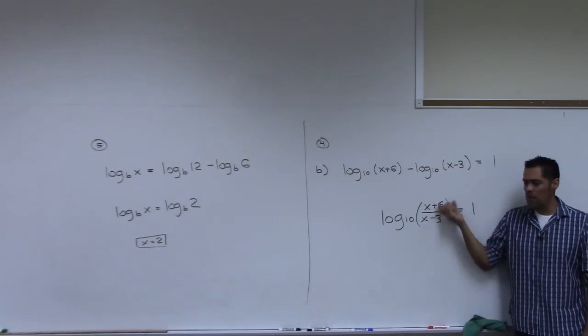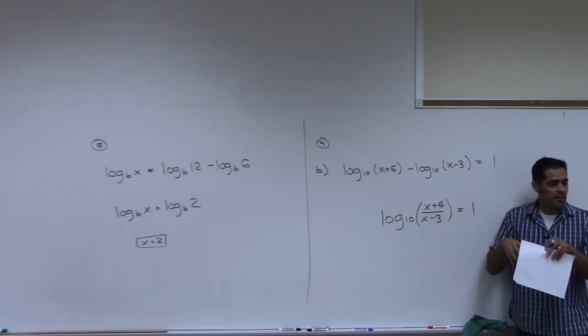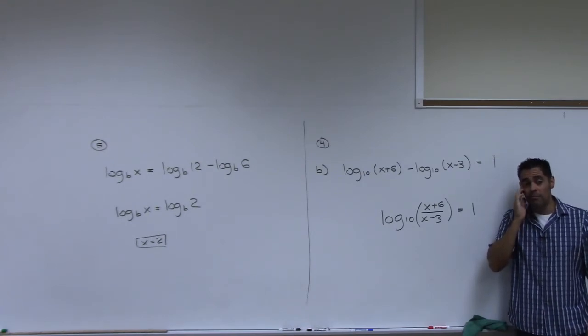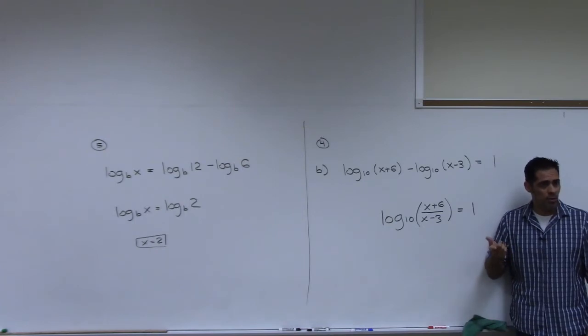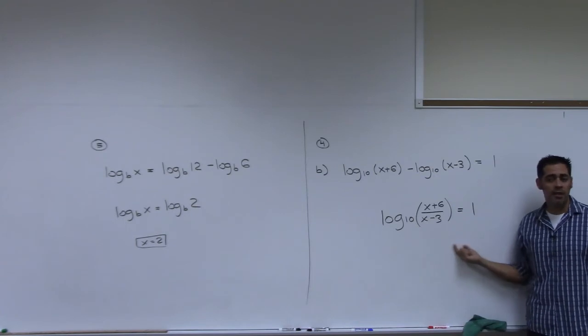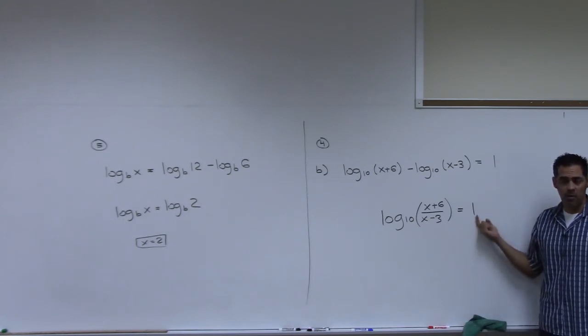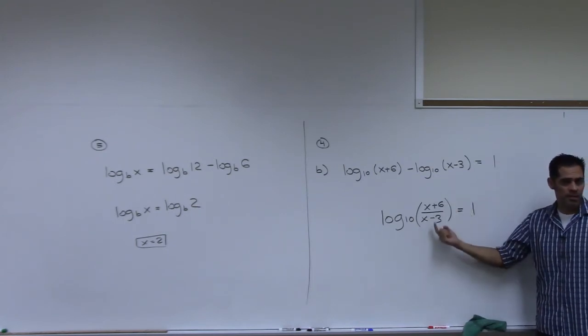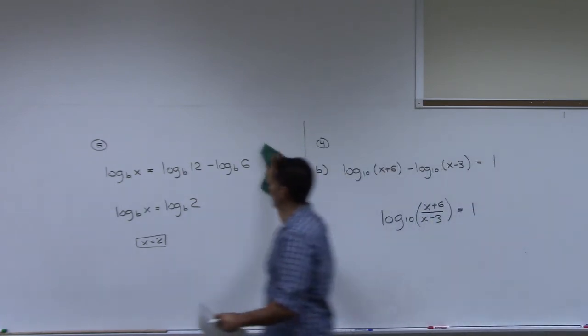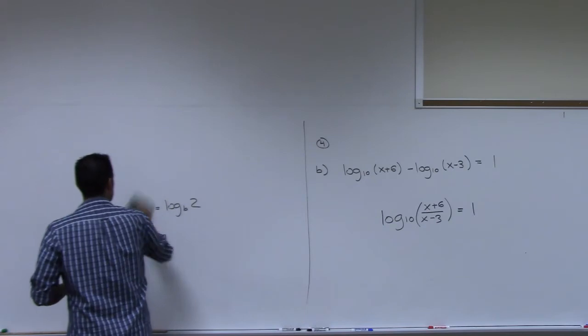Because this stuff I'm trying to solve for is trapped in it. Maybe I shouldn't look at it in logarithmic form. Maybe I should convert this to exponential form. What would happen if I changed this to exponential form? What would it look like? 10 raised to the first power equals this, right? And then there's no more logarithm in that equation. So I'm going to write that down.